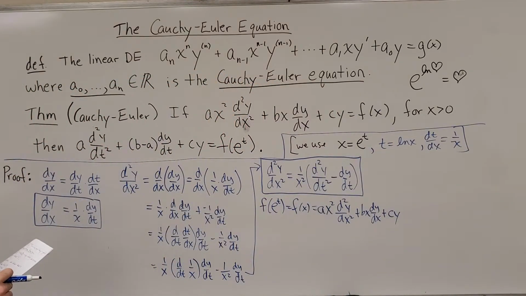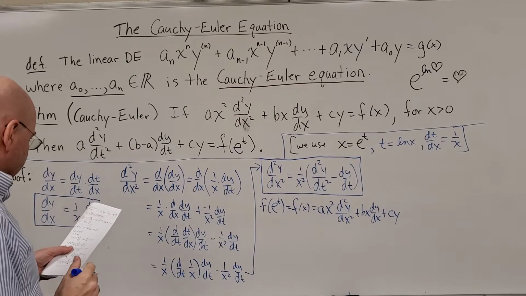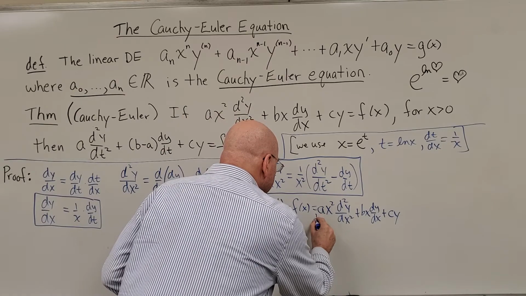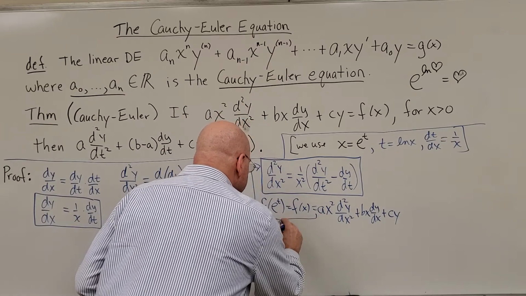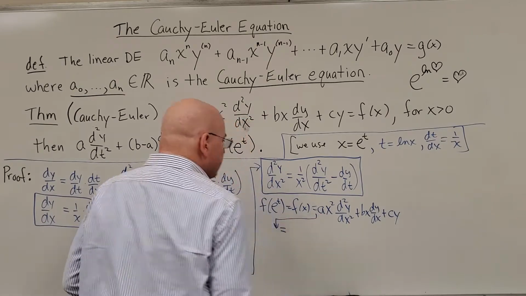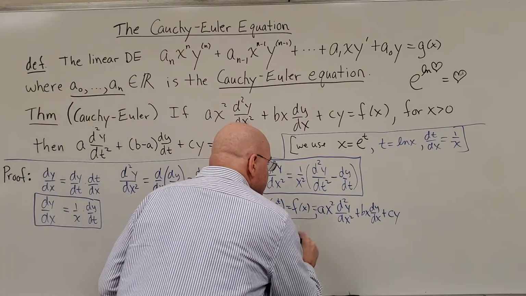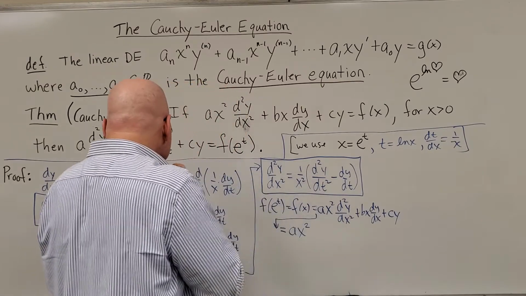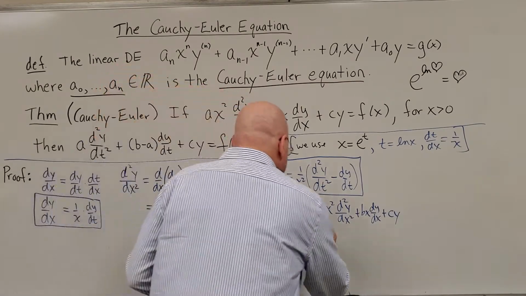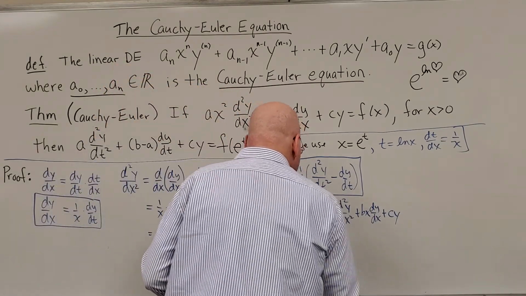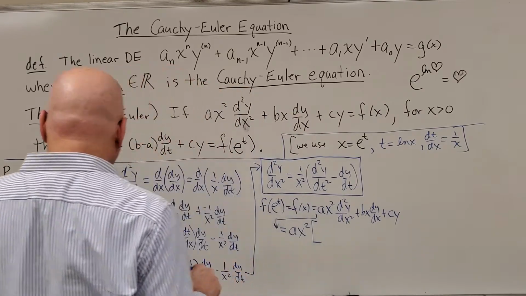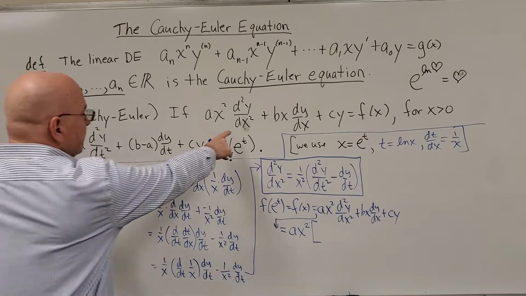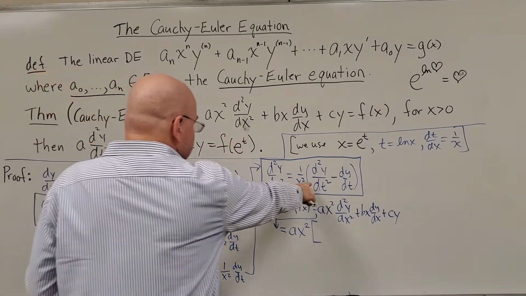I hope I can fit it all in here. We'll make it happen. All right, well, this equals ax squared, then in parentheses, here's d squared y/dx squared, which is this.